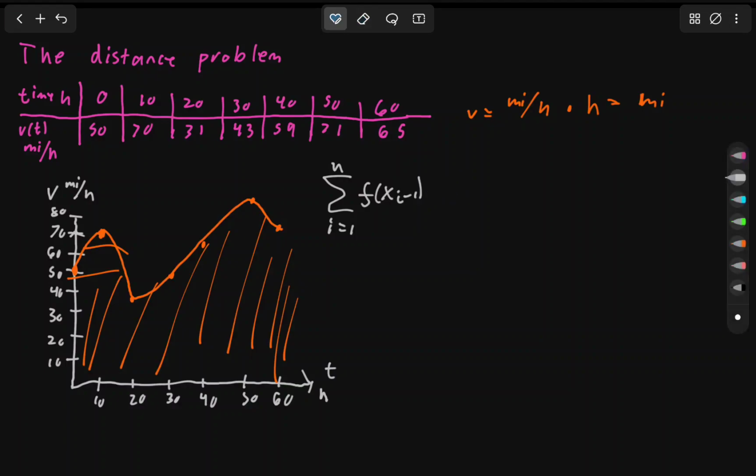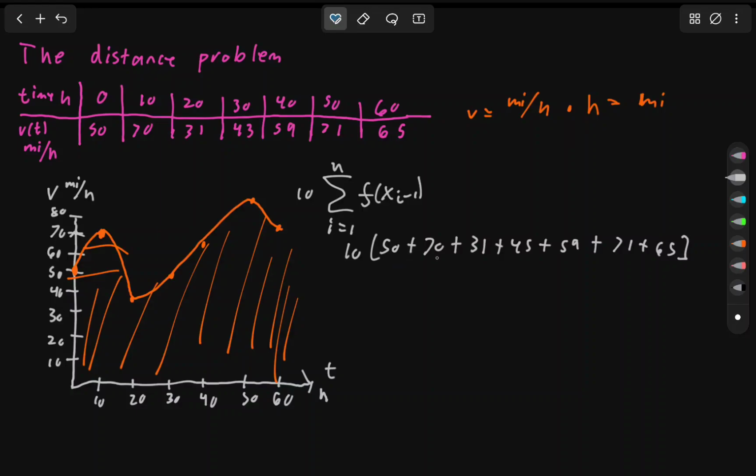It's 10. So we're just going to take that out of the summation. So now, expanding the summation, we get 50 plus 70 plus 31 plus 43 plus 59 plus 71 plus 65.